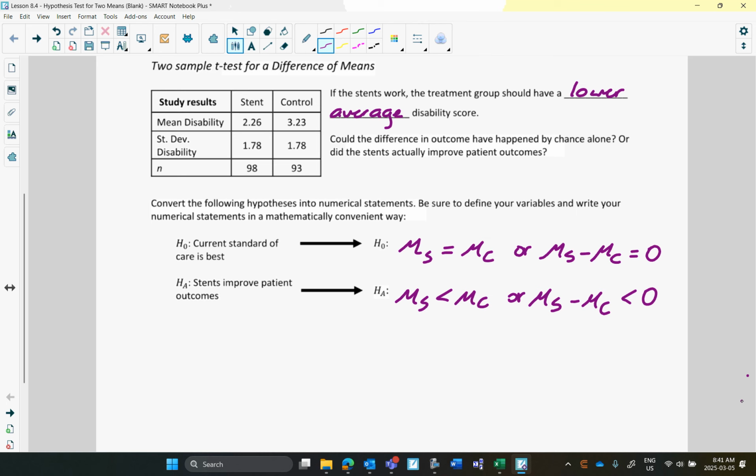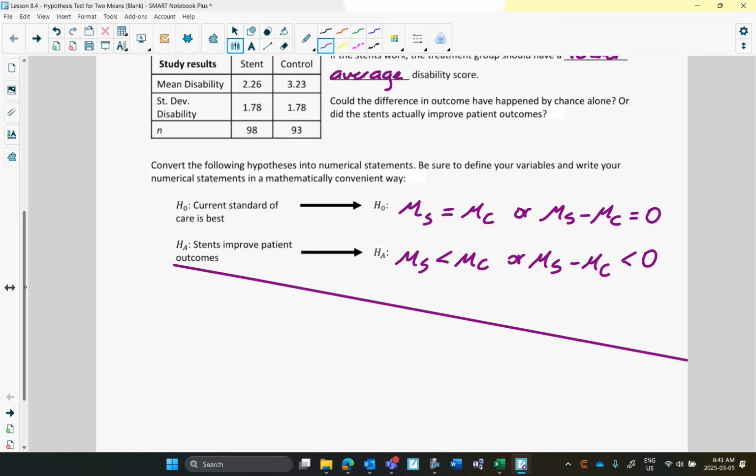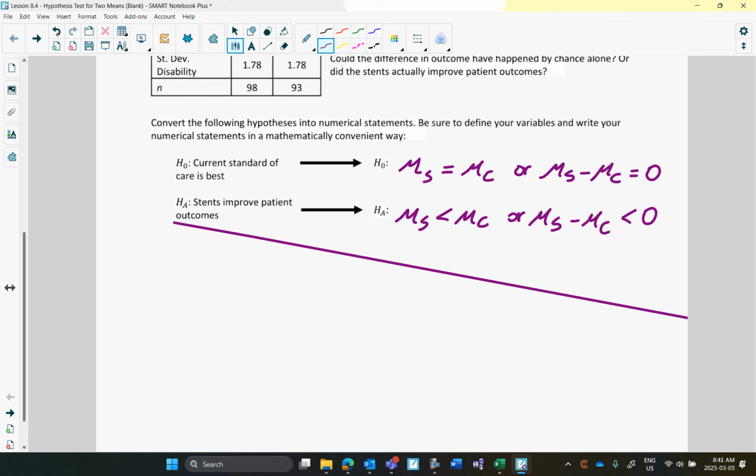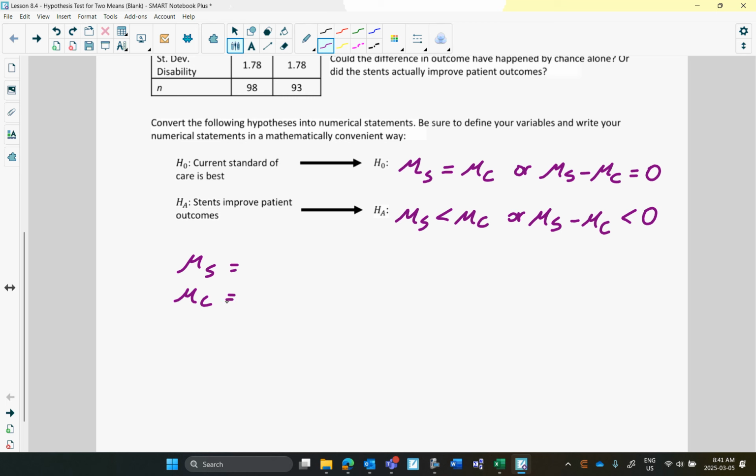So this represents the first stage of a hypothesis test. And remember, you do have to define your variables. So we have to define these two. And remember, it's not x bar, so it's the true mean average disability score for the stent group.